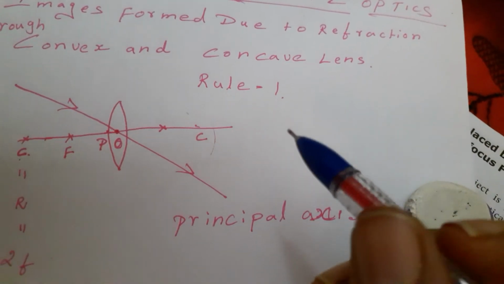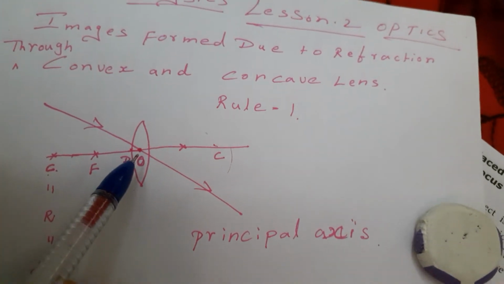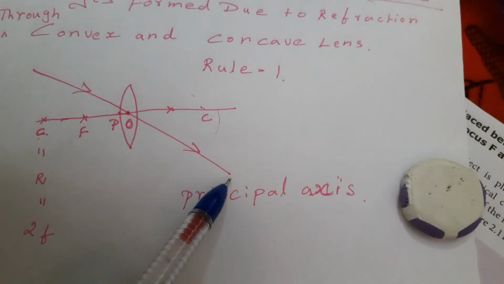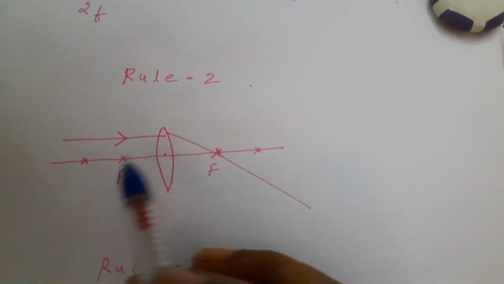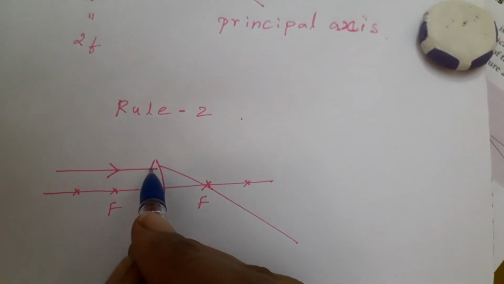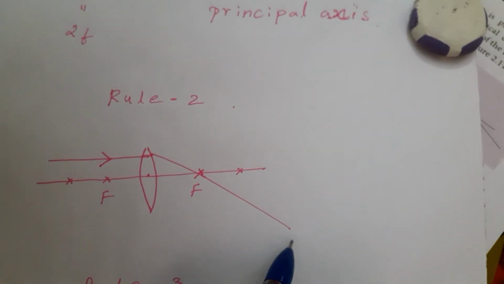So once again I will say the first rule. When a ray of light is passing through the optic center, it won't have any deviation. It will continue its path in a straight line. Then rule 2: when a ray is parallel to the principal axis, after passing through the lens, it is refracted through the focal point.